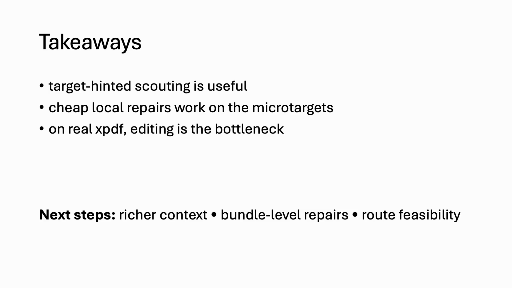So the natural next steps from here would be to have a richer target side context, essentially having more and better hints, and then have a smarter way to bundle repairs together so that it's able to actually successfully coordinate several of these changes at once.